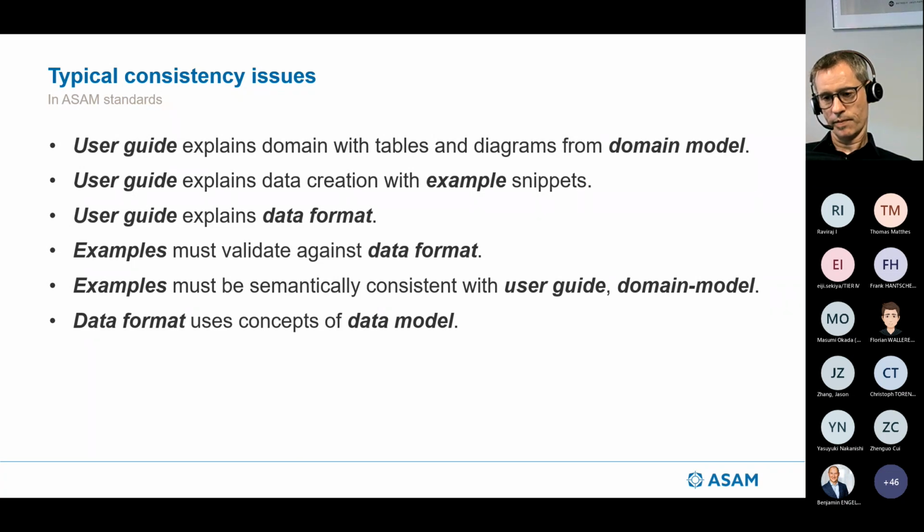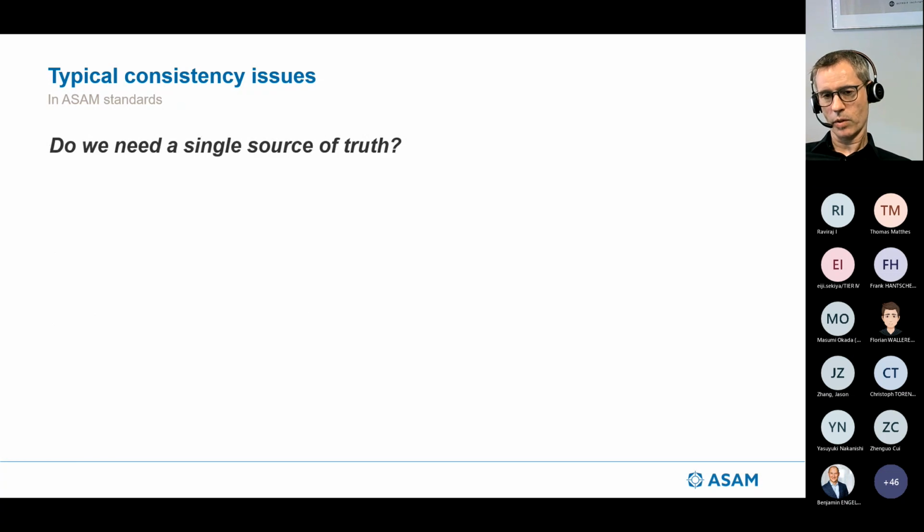Take usage of concepts of the data model: an action in the data model of OpenSCENARIO is also some kind of XML element in the data format of OpenSCENARIO. So these sources are heavily related, which brings us to the question: do we need a single source of truth? And I think we already answered this a little bit.